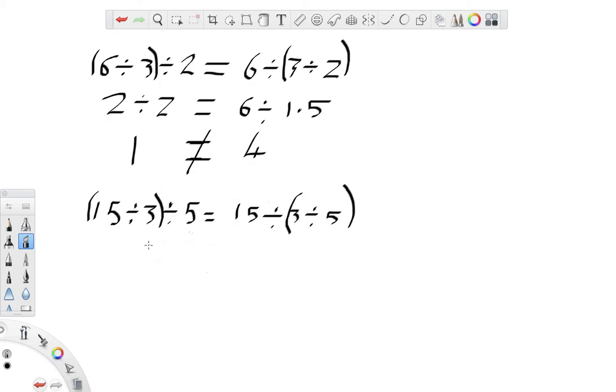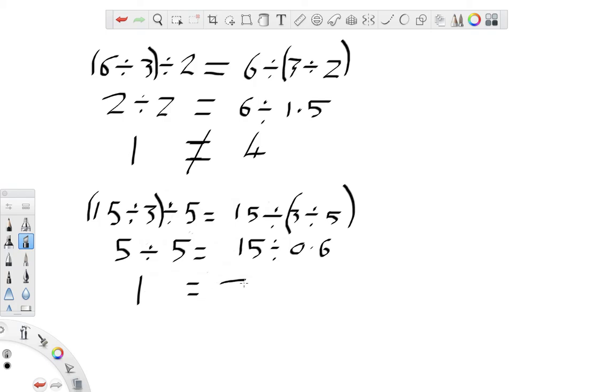Okay, so 15 divided by 3, well that's 5. So then we've got 5 divided by 5, and that's 1. And then for the right hand side, we've got 15 divided by, and then 3 divided by 5. What's 3 divided by 5? 3 divided by 5 is 0.6. So we've got 15 divided by 0.6, and that is 25.